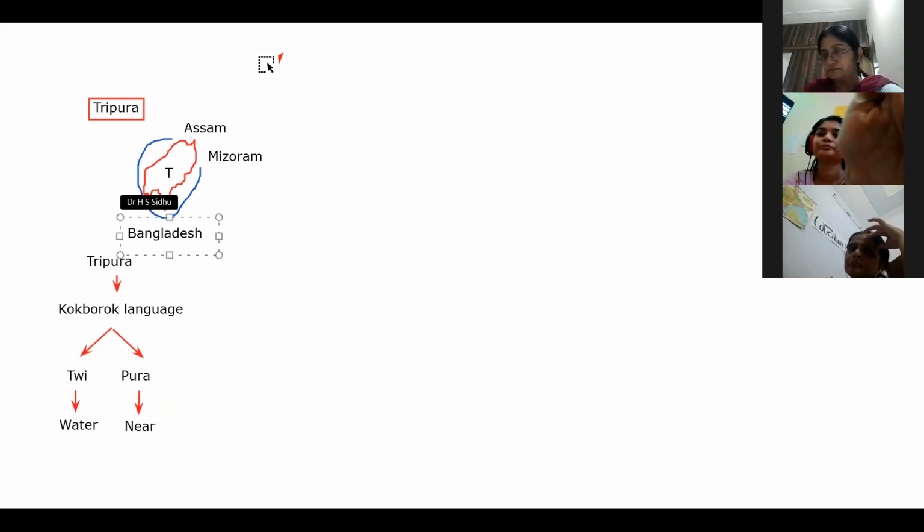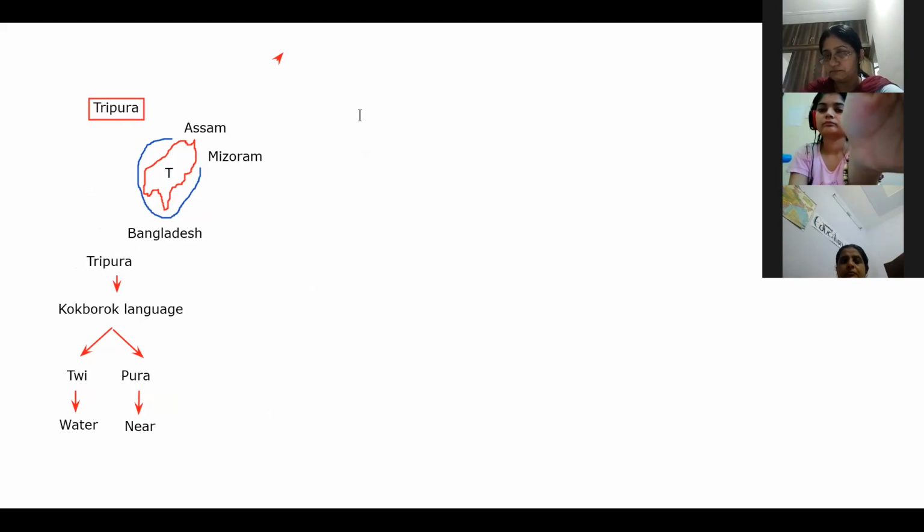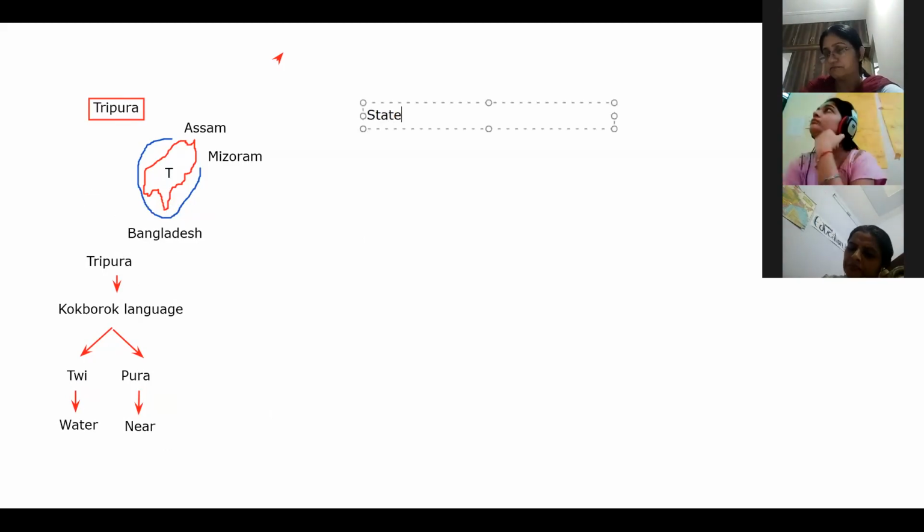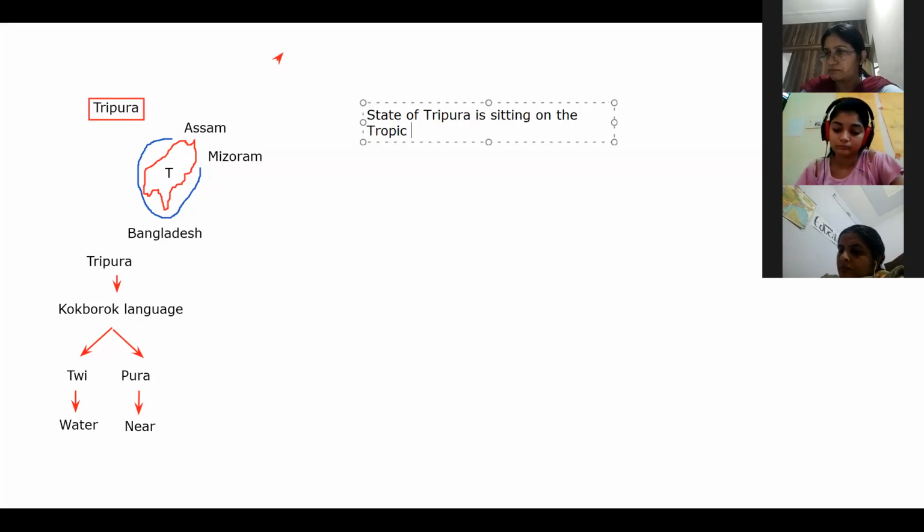The state of Tripura is sitting on the Tropic of Cancer. जो कर्क रेखा है वो स्टेट ऑफ त्रिपुरा के बीच में से गुजरती है. So it is sitting on the Tropic of Cancer also.